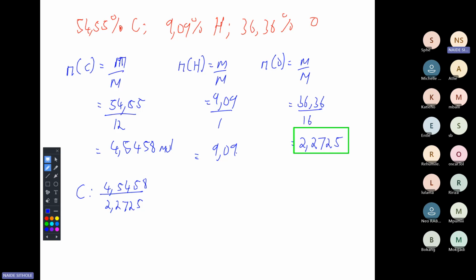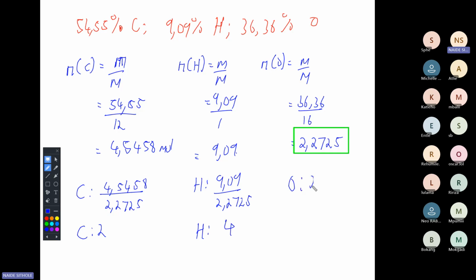4.5458 divided by 2.2725. We get 2. For hydrogen, we have 9.09 divided by 2.2725, which will give us exactly 4.